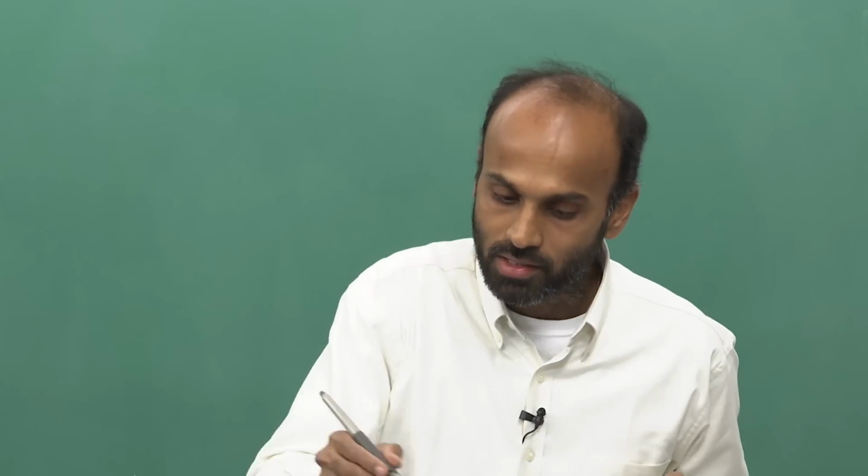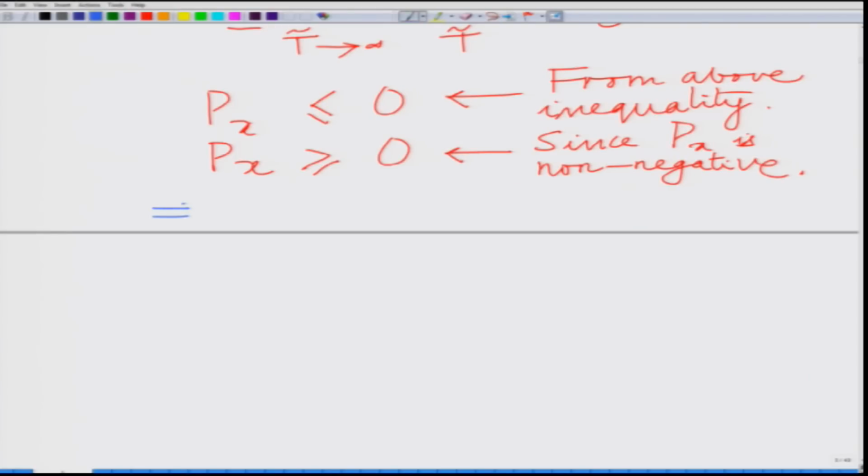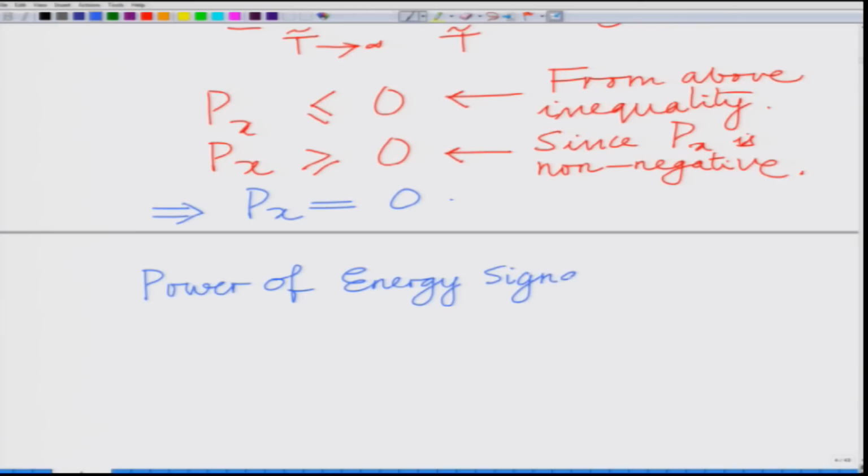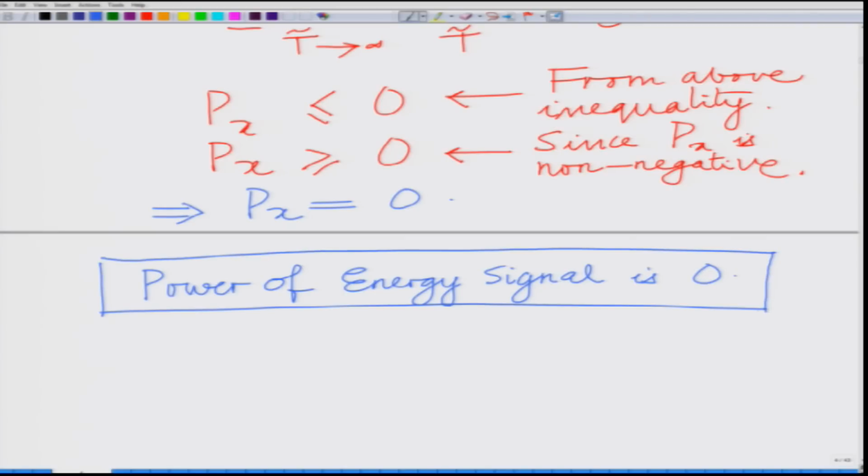So, we get our first principle: if a signal x(t) is an energy signal, that is, energy E x is finite, then its power is 0.